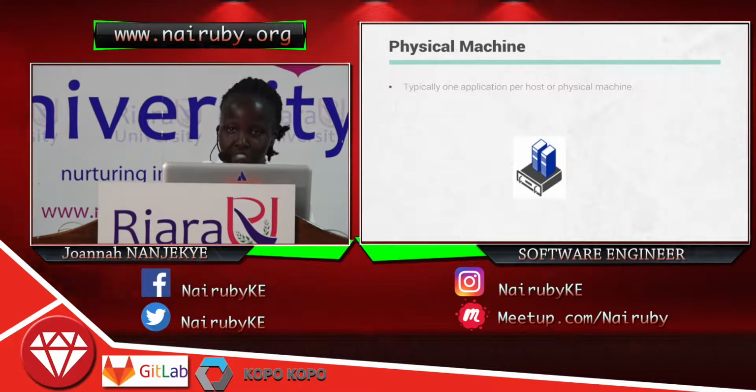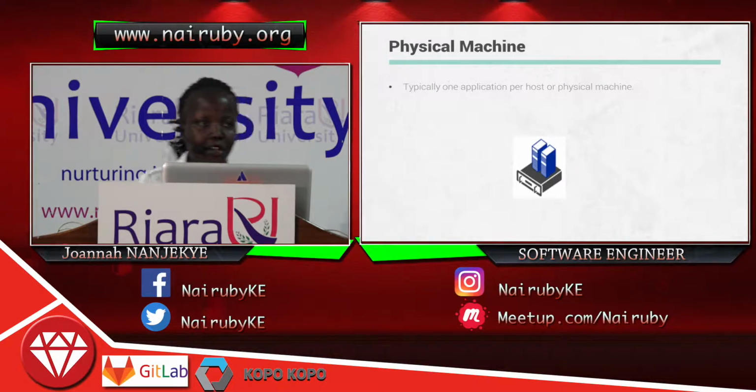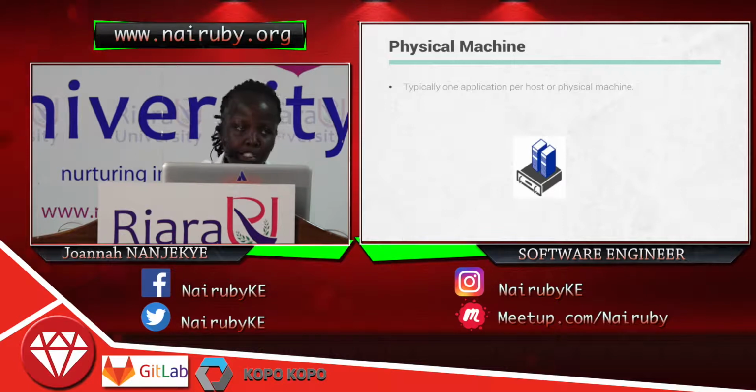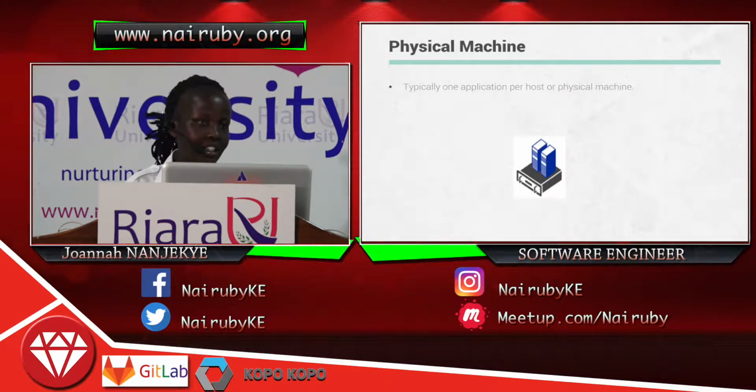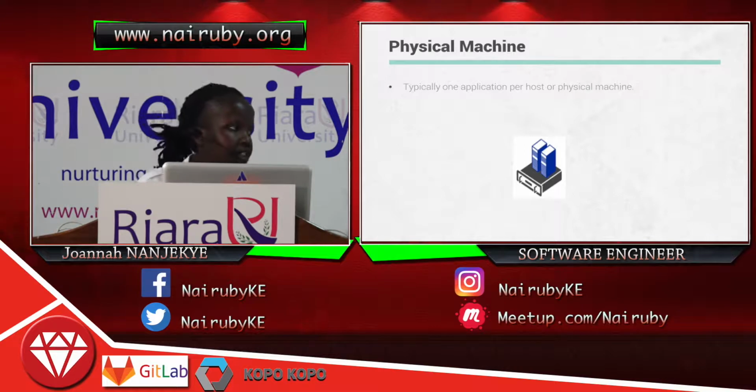On a physical machine, typically you have a server or a computer, and you host one application per machine. You can host multiple applications on the machine, but the libraries of the applications may interfere.